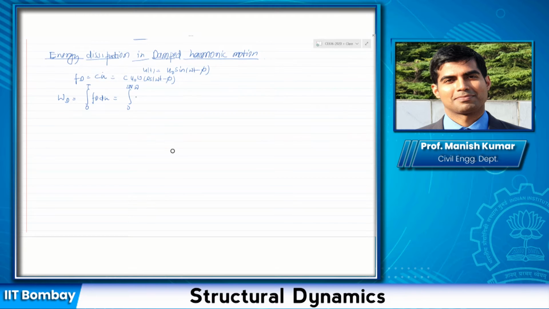F d I am going to write as C u dot, and du as u dot times dt, since u dot is du by dt. So the energy dissipated in viscous damping can be represented as the integral of C u dot square dt.